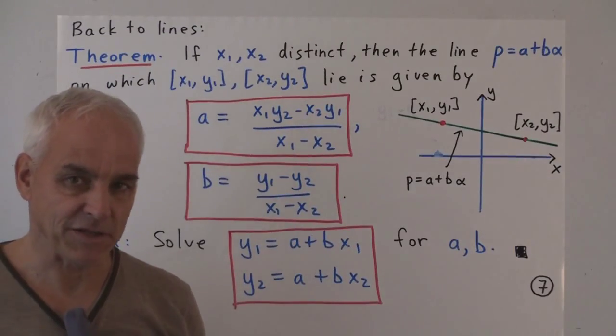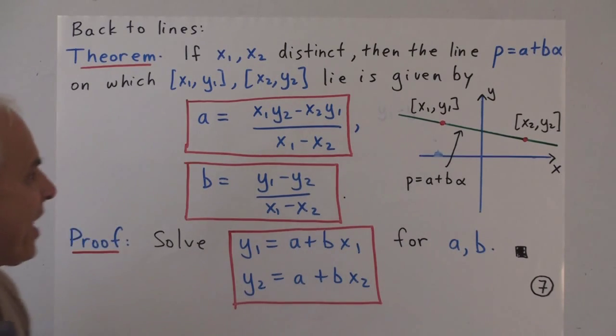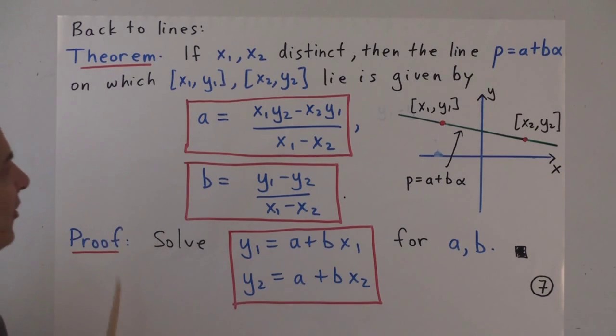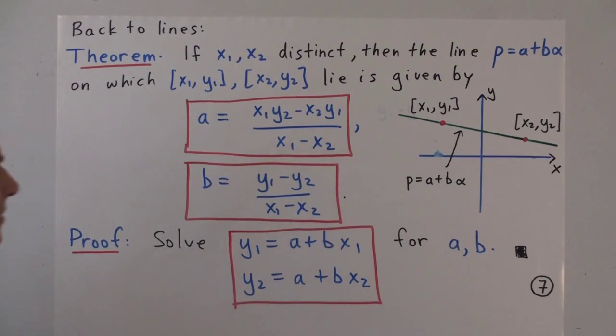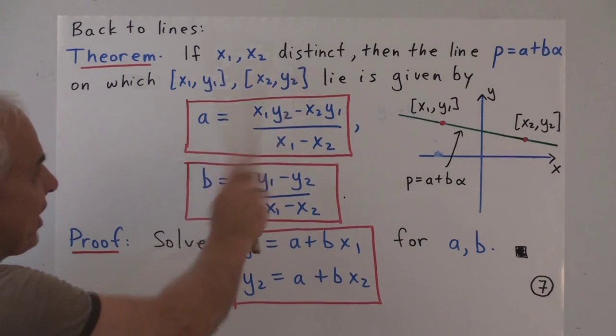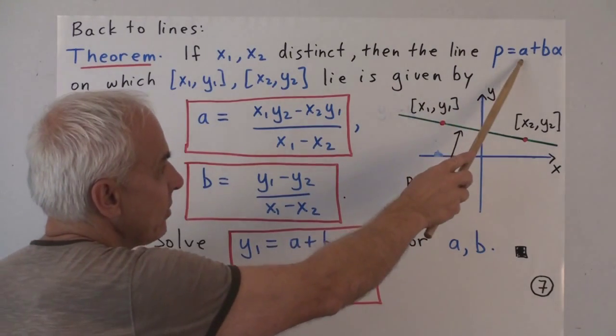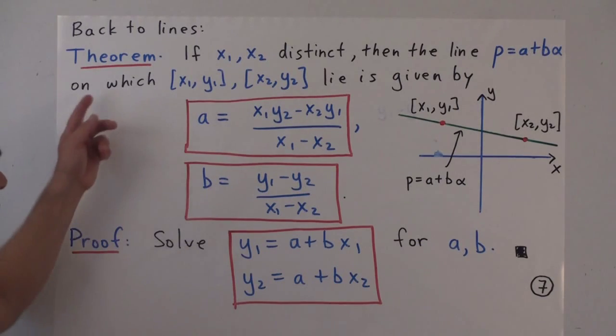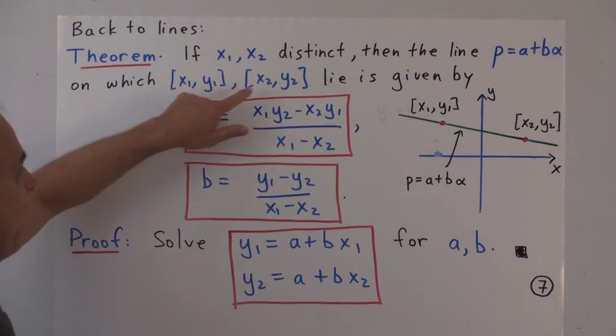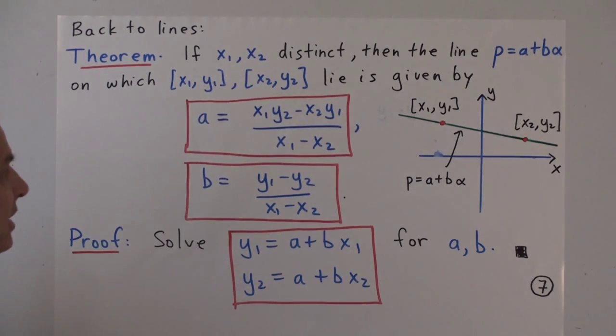We're going to need one more result about lines that we didn't talk about last time. So this is the theorem that tells us how to find the equation of a line between 2 points in terms of polynomials. So if x1 and x2 are distinct, then the line p equals a plus b alpha, in other words the linear polynomial on which both (x1, y1) and (x2, y2) lie, is given by these two equations.